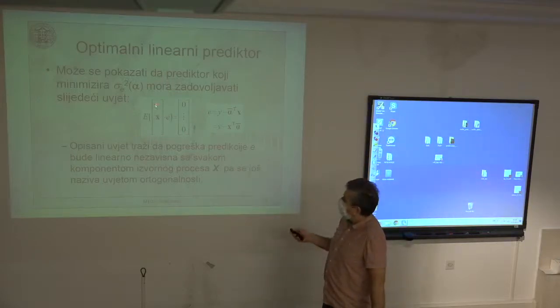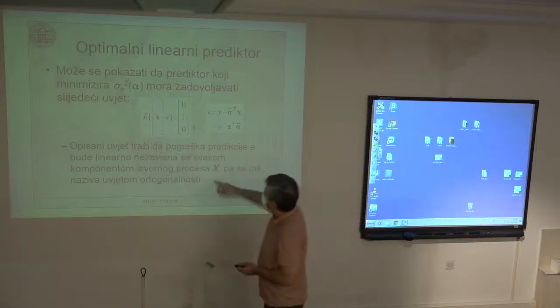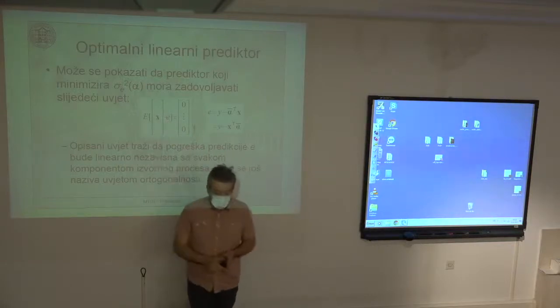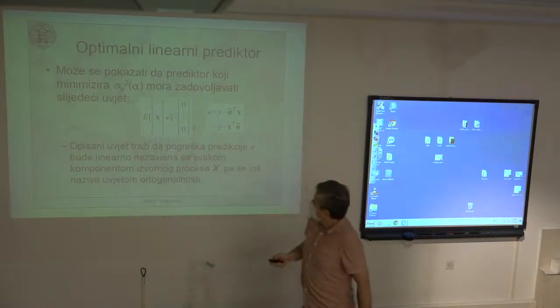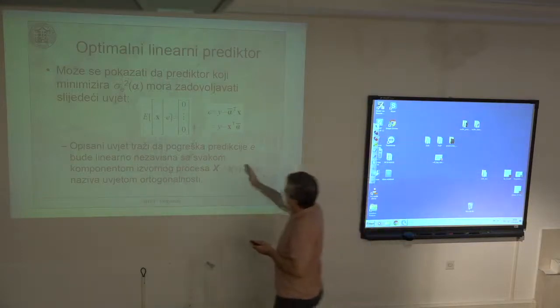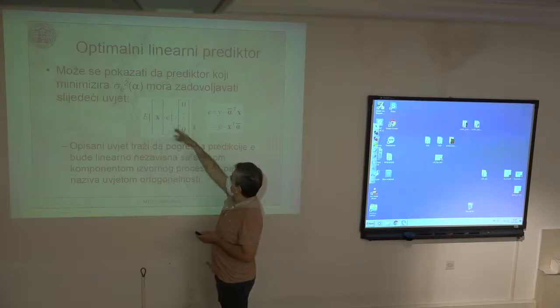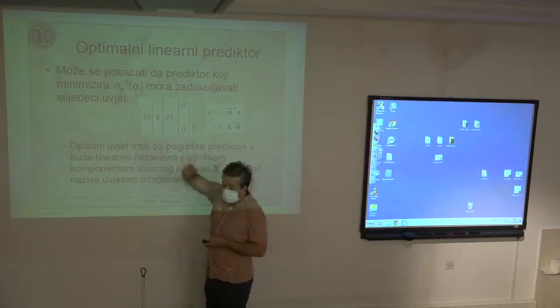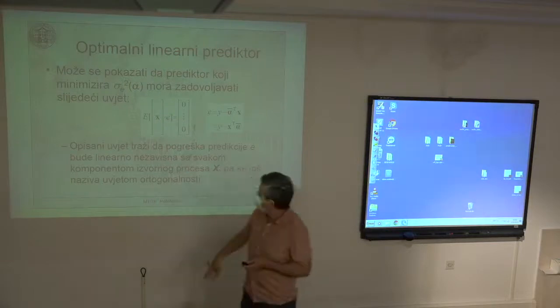And this orthogonality condition requires that the expected value of the product of each source vector multiplied by the corresponding prediction error. So each source vector has its own prediction error value. The prediction error is the difference between y and y tilde. Okay?